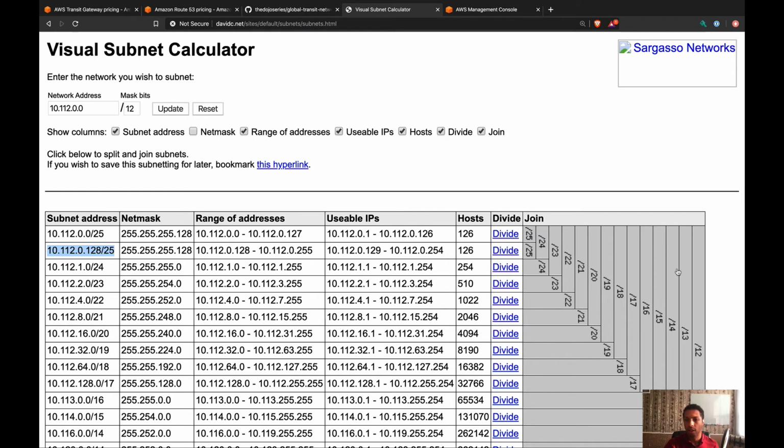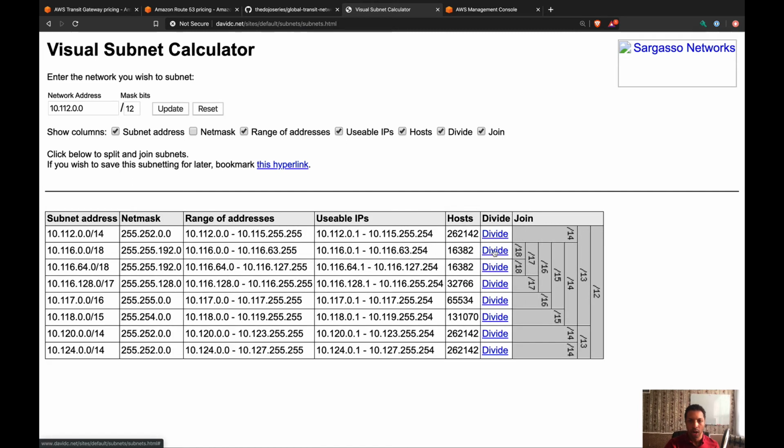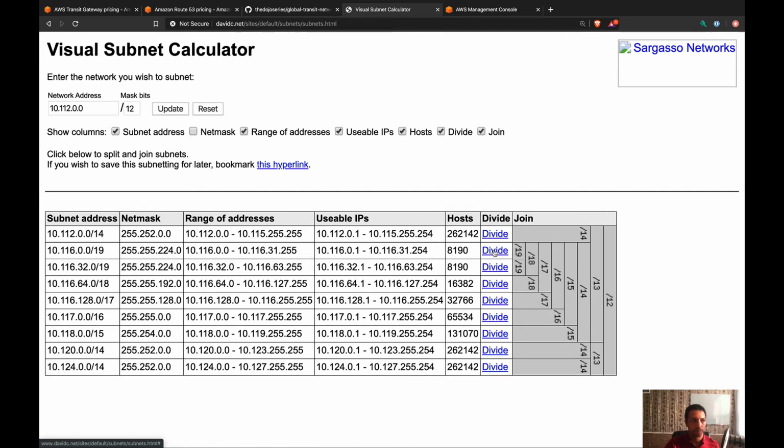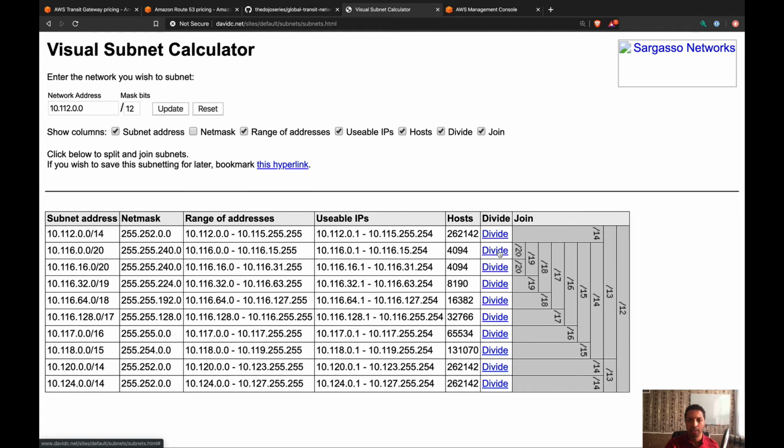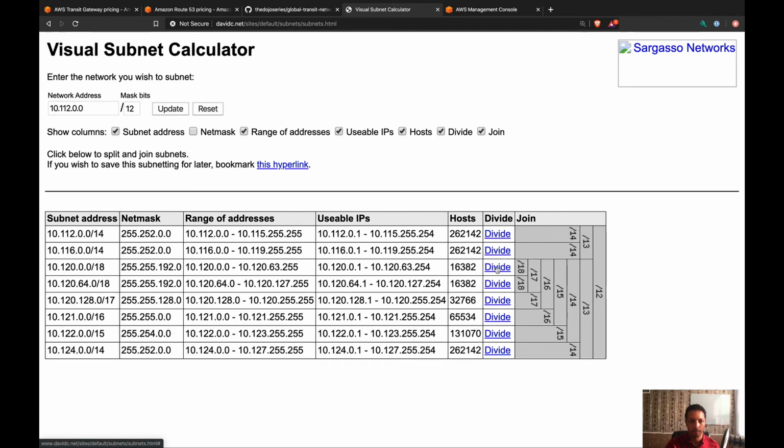Now for the UK, we need 4,094. So let's go back to our address here. If we split the /19 into 2 /20s, that's going to give us 4,094. And here we have the address of one subnet and the address of the other subnet. For Brazil, we only need 62 IP addresses, so that's going to be a small one.